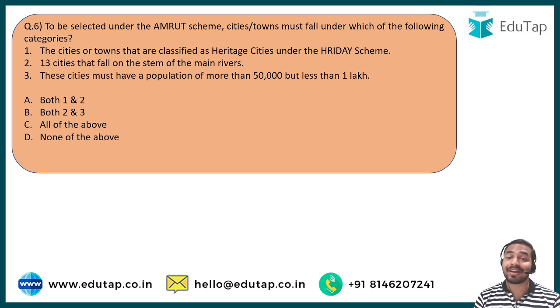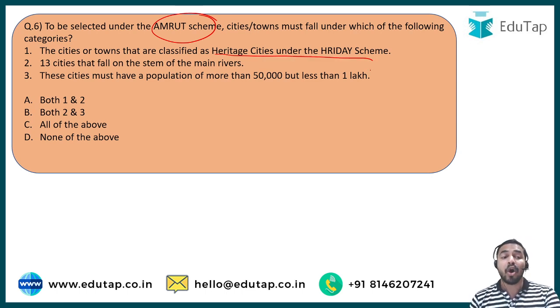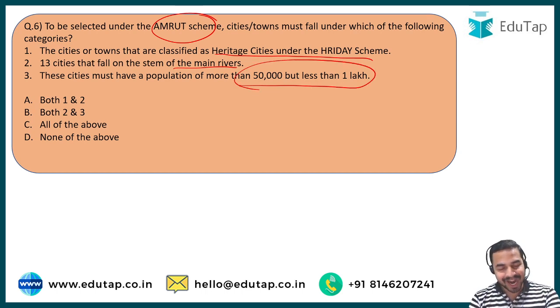Please tell me here in the comment section below which of the following categories these cities must fall under: whether the cities or towns that are classified as heritage cities under the Heritage scheme, or the 13 cities that fall on the stem of the main rivers, or these cities must have a population of more than 50,000 but less than 1 lakh. So please tell me this in the comment section below, and the right answer to this question is option B, that is both 2 and 3 are correct.